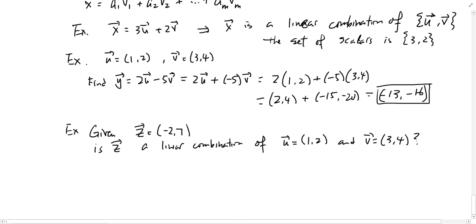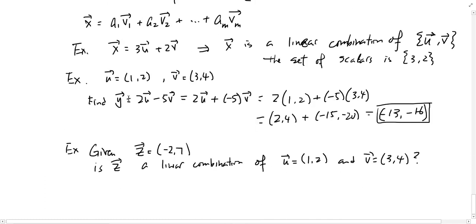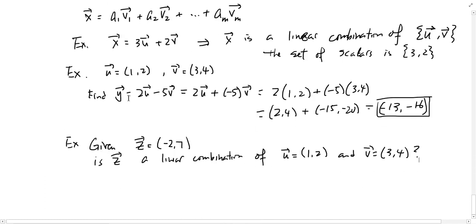There is some underlying theory that would say this answer is always yes, but of course we're not going to talk about those yet. If I don't know, how would I know that (-2, 7) will or will not be a linear combination of the vectors u and v? Well, simple. The way to do that is to try to solve for the scalars, because the definition states clearly that a vector is only a linear combination if you have a set of scalars that make this statement true. So we're going to pretend that we do have those two scalars.